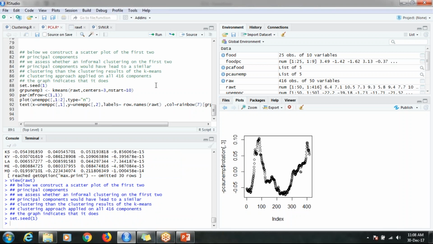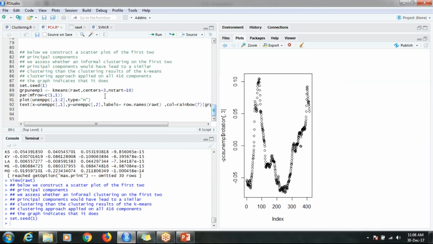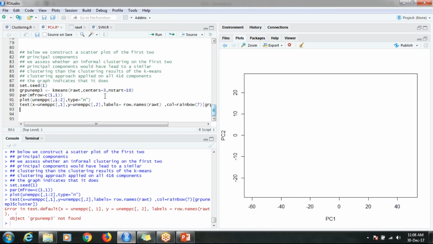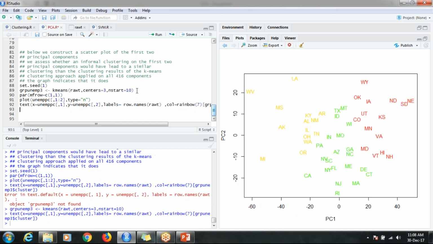Here I have considered three clusters, and I have plotted only PCA1 and PCA2, and I have plotted all the states which are under the first cluster, the second cluster, and the third cluster.